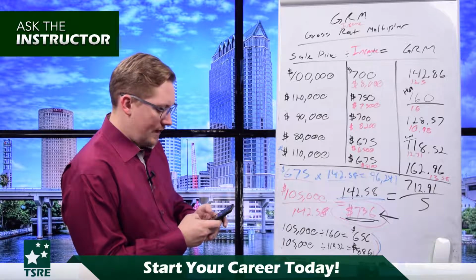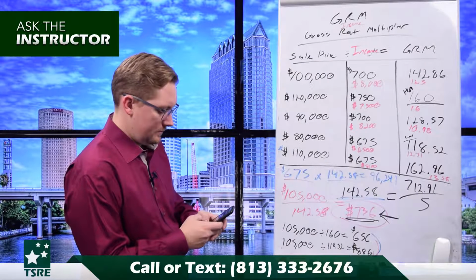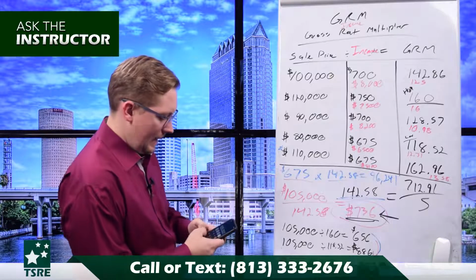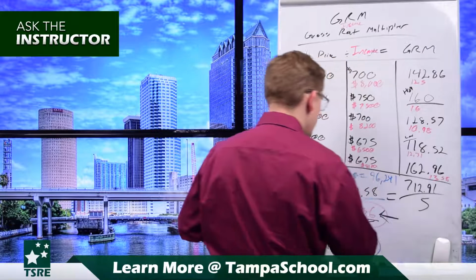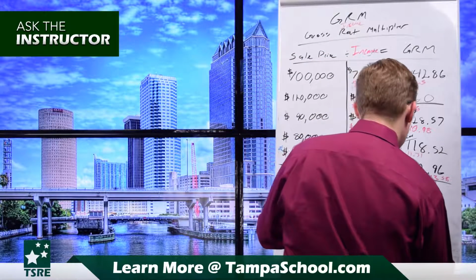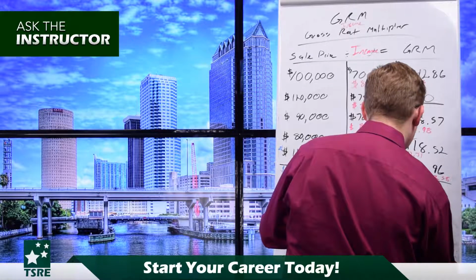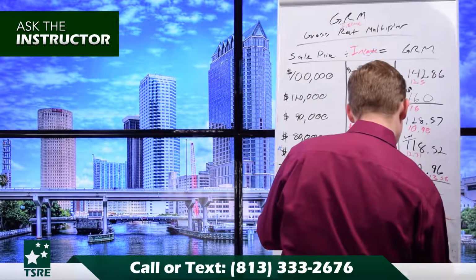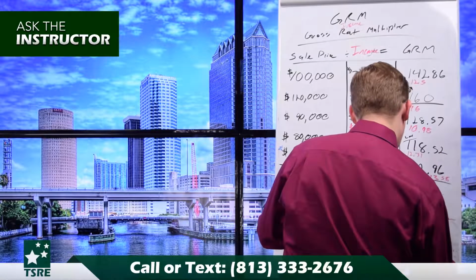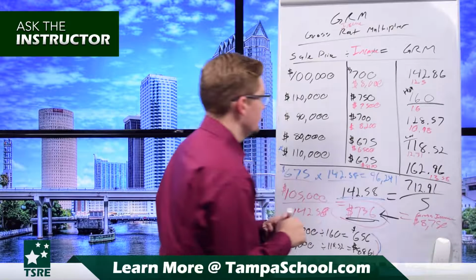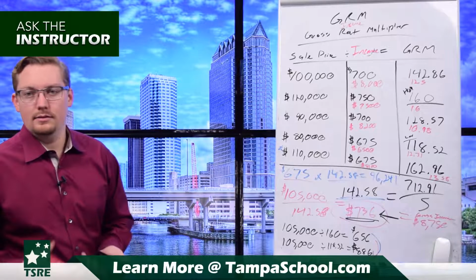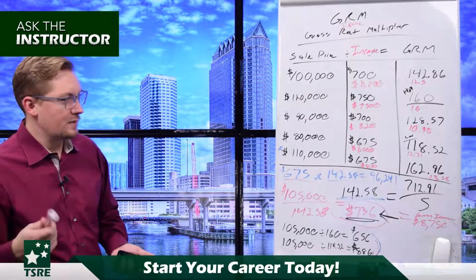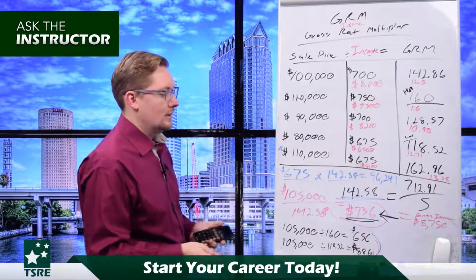So if we take $105,000, divide that by 12, that would say that our estimated gross income based on the gross income multiplier, and again, this is a very crude estimate, would be $87.50. So if that market GRM was 12, it's probably actually a little bit higher than that.